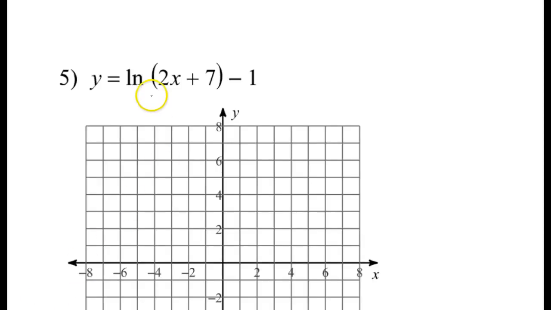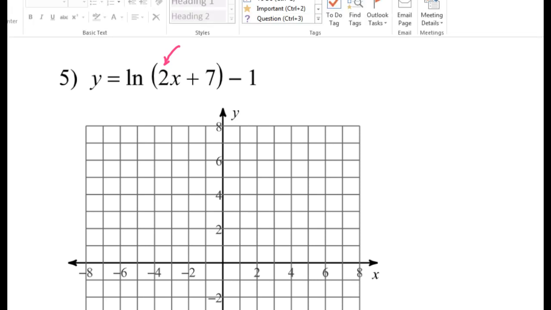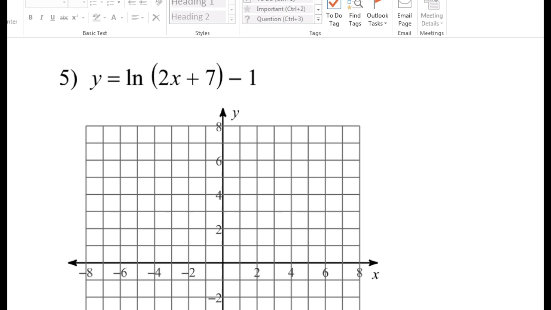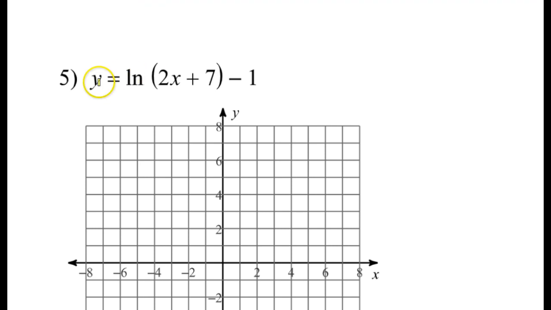In this video, I will show you how to graph logarithmic functions when there is a horizontal compression, which makes it a little bit more tricky than normal. So first things first, I'm only going to graph the parent function to start off with.